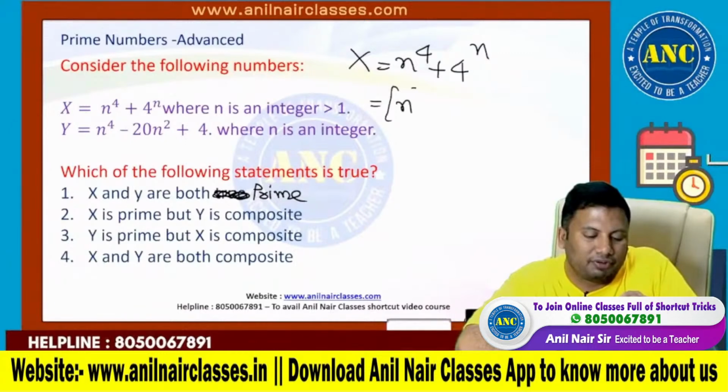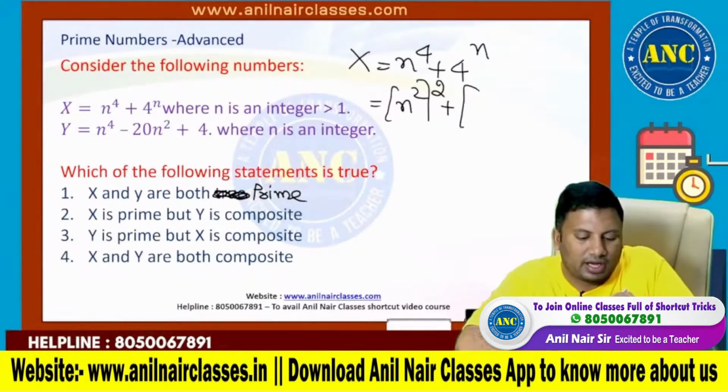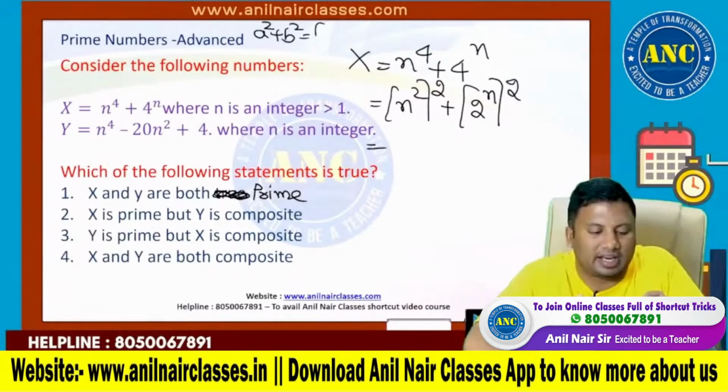These are nothing but (n squared) whole squared. I hope it is clear. These are nothing but (2 power n) whole squared. A square plus b square, we can take it as (a plus b) whole squared minus 2ab. Are you all with me?